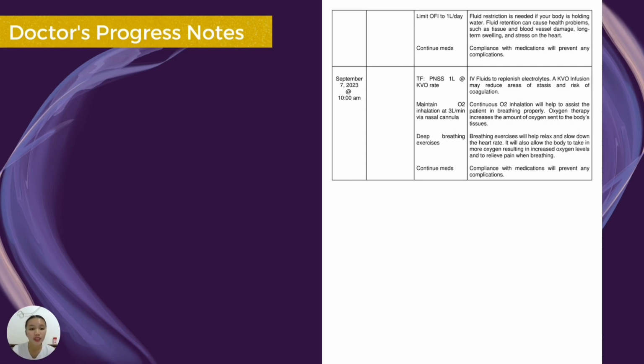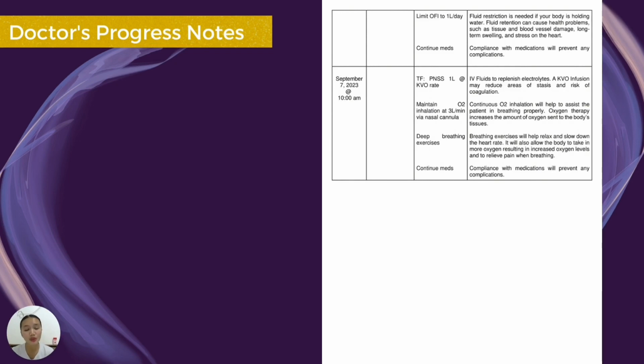And then lastly, for the September 7, 2023 at 10 a.m., there are no progress notes. However, there is a physician's order. Now, to follow PNSS 1 liter at KVO rate because IV fluid will really help replenish electrolytes.